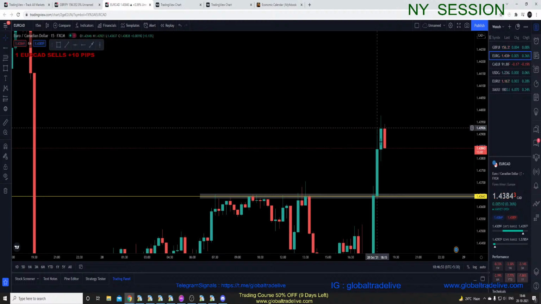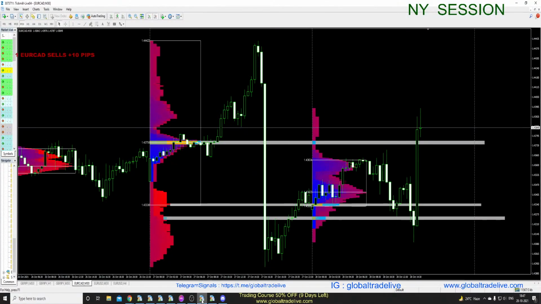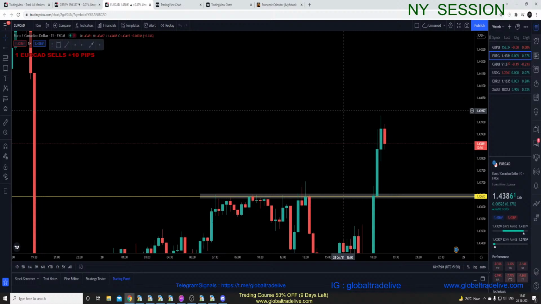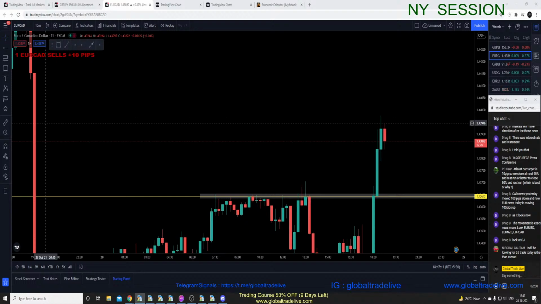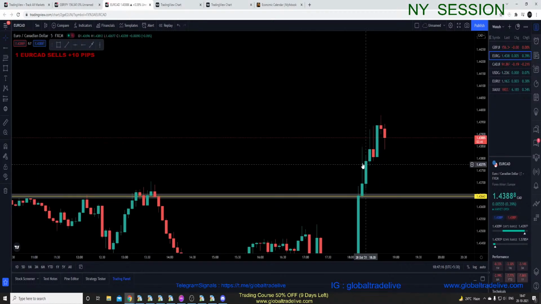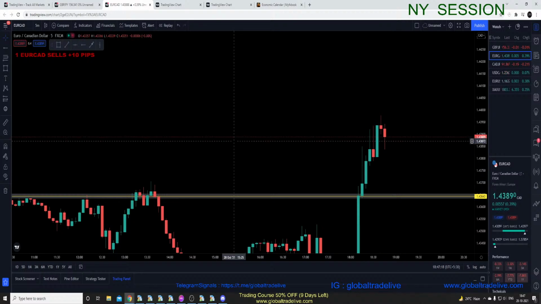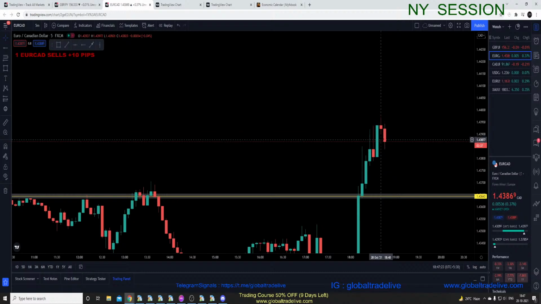That will come true once this 15-minute candle breaks this low over here. So this 5-minute broke the low of the previous 5-minute.